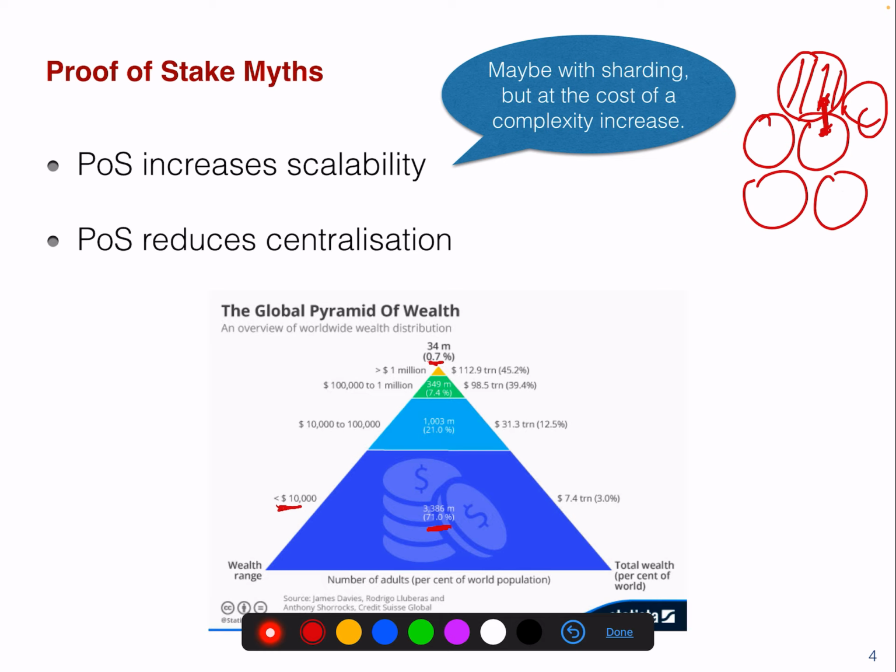So 0.7% of the world population have more than $1 million. And if you extrapolate this to a proof of stake system, then a proof of stake system would probably be quite centralized as well, just because of the global pyramid of wealth distribution.